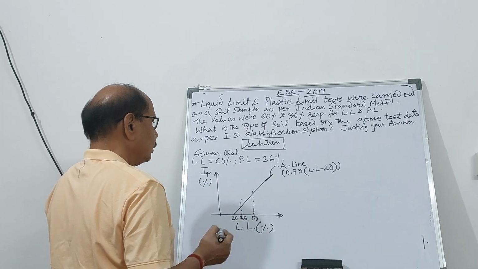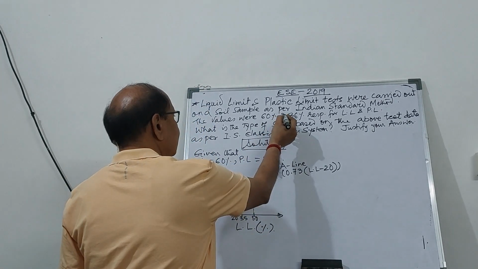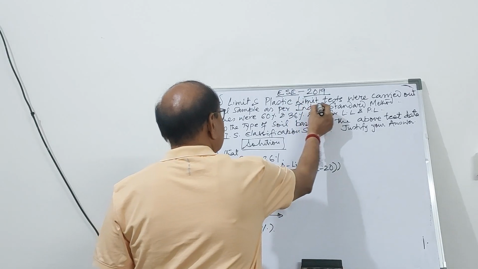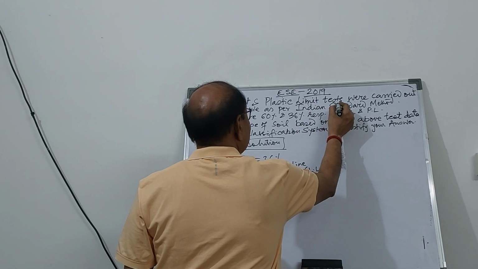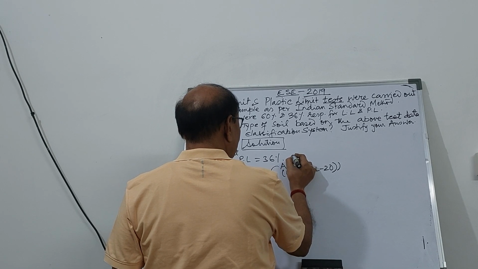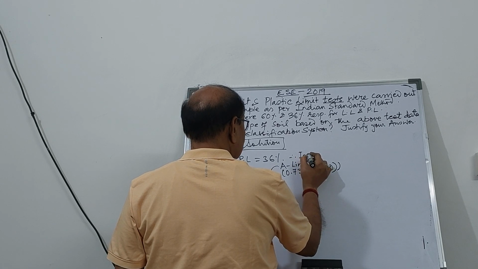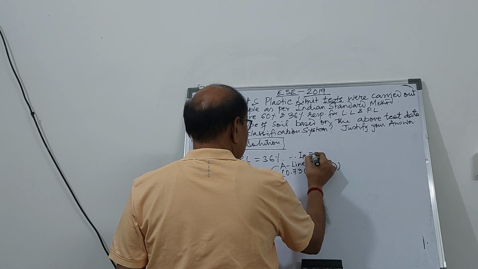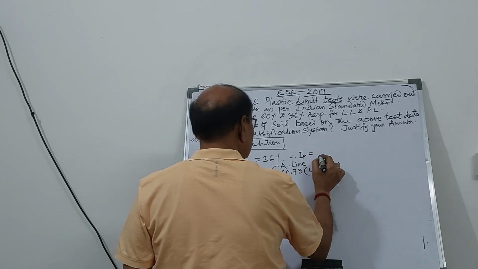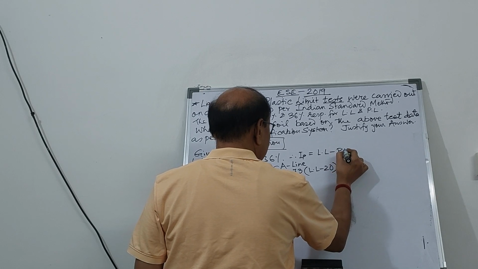Now, you have carried out the test in the laboratory. Therefore, from the test data, the plasticity index of the soil is given as liquid limit minus plastic limit.